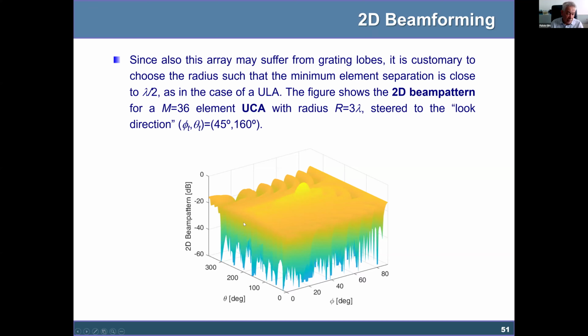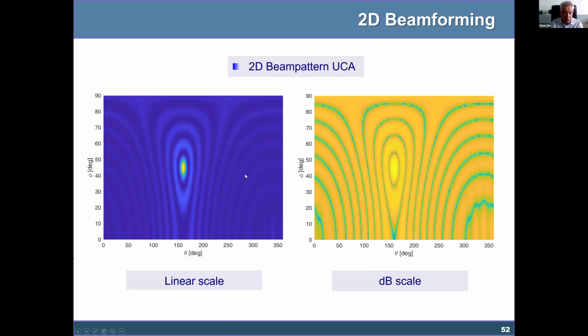It's not very clear from this picture, but believe me, the position of this peak is exactly in this direction of arrival. If we use a different way to plot a 2D pattern, the color level plot, this is in linear scale, this is in dB scale.